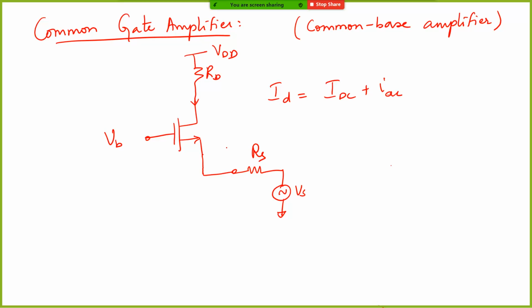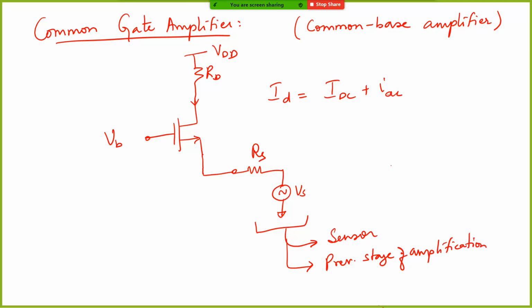So in some cases, let's say this particular source that we call, this can either be a sensor, or it can also be a previous stage of amplification. In fact, many times it can be another transmitter. I will show you why we give this thing.